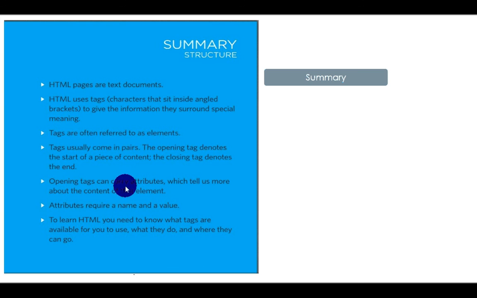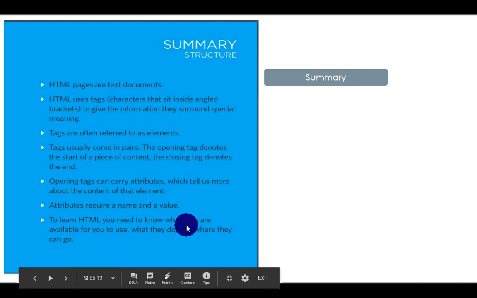Opening tags can carry attributes, which tell us more information about the content of that element. Attributes require a name and a value. So an attribute is always associated with a name and a value. To learn HTML, you need to know what tags are available for you to use, why they're used, and where they can be used.